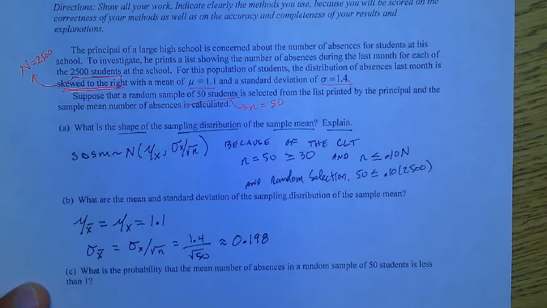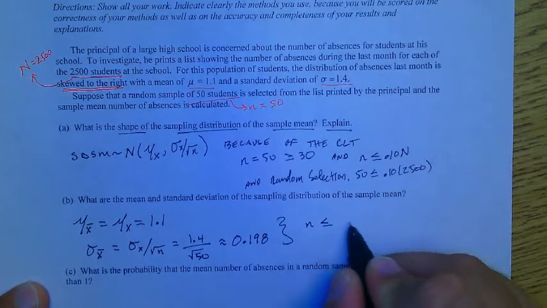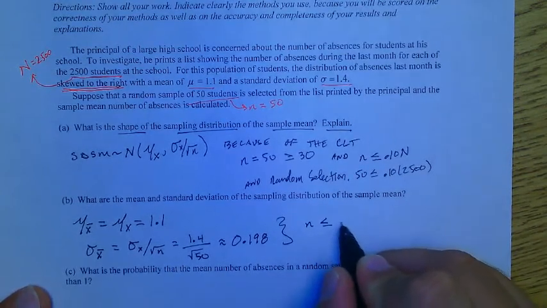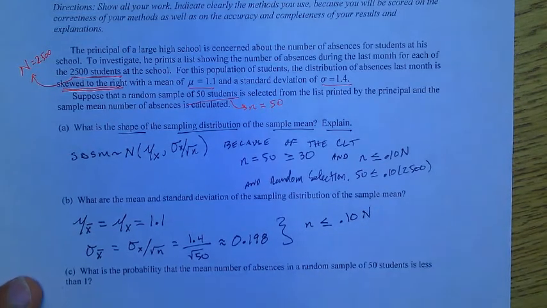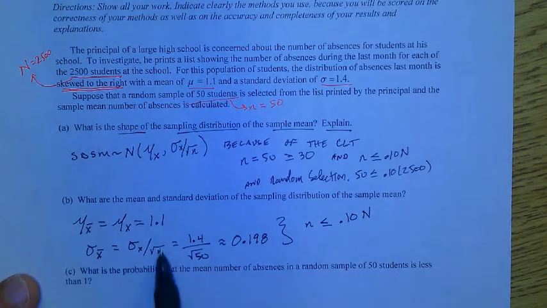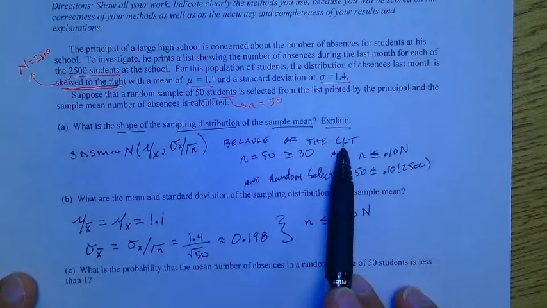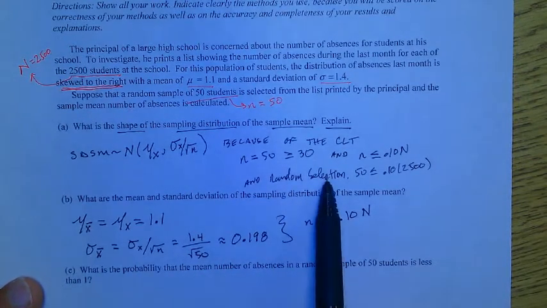Once again, note that this is because our sample size is less than or equal to 10% of our population size. The 10% condition on a sample mean must be met in order for us to use this. The central limit theorem must be met for us to use this. Always have random selection.